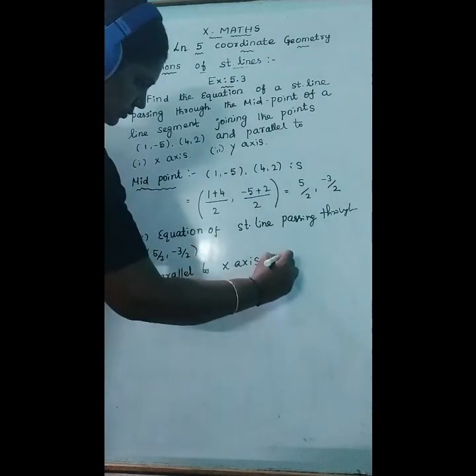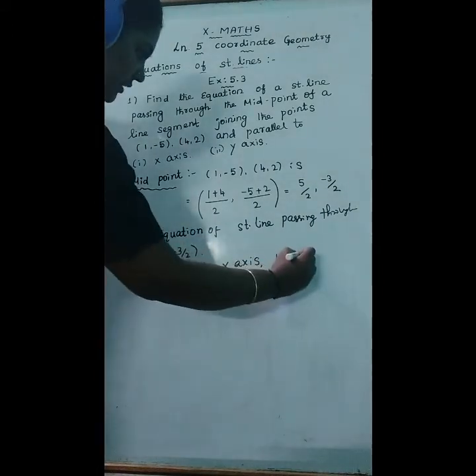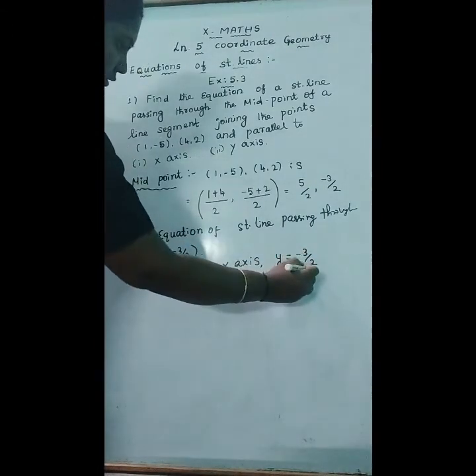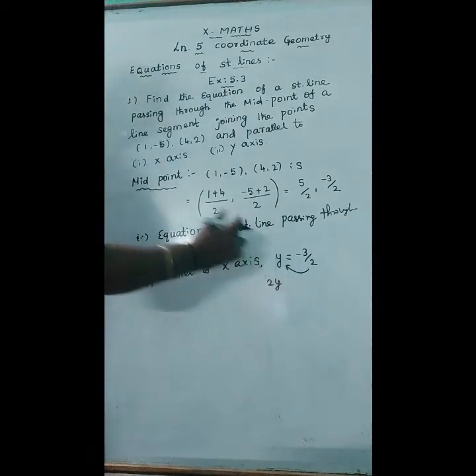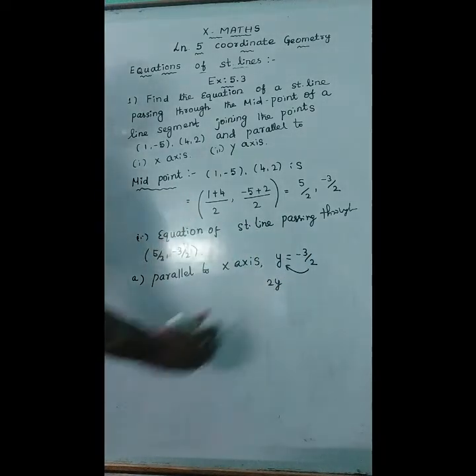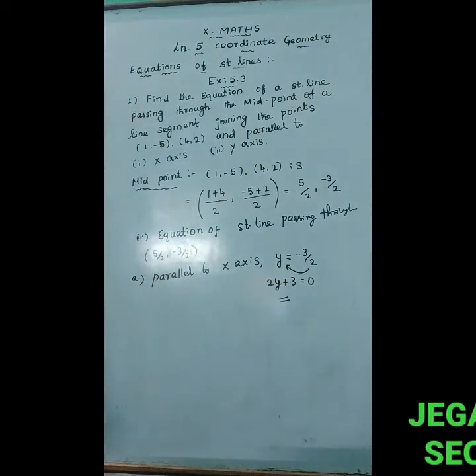So y is equal to minus 3 divided by 2. Then the 2 comes to this side: 2y equals minus 3, and moving it to the left hand side gives plus 3. So 2y plus 3 equal to 0.